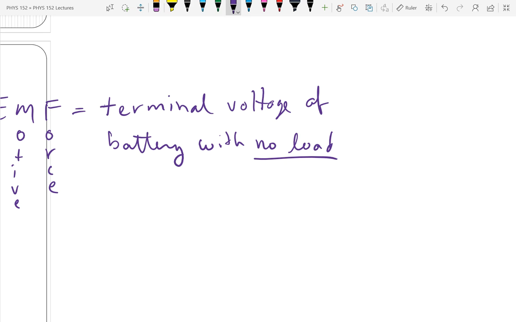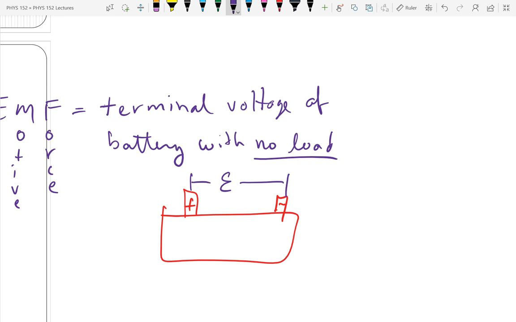I got to explain all of these terms or else you're like, I don't know, he said crazy things. A battery, if you draw a physical battery, it's got two terminals. The positive one, the cathode, and the negative one, the anode. The terminal voltage is the voltage difference between the cathode and the anode.